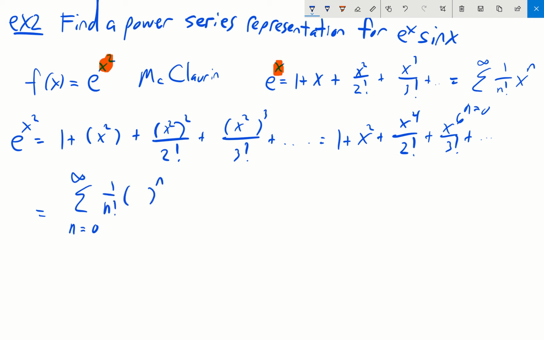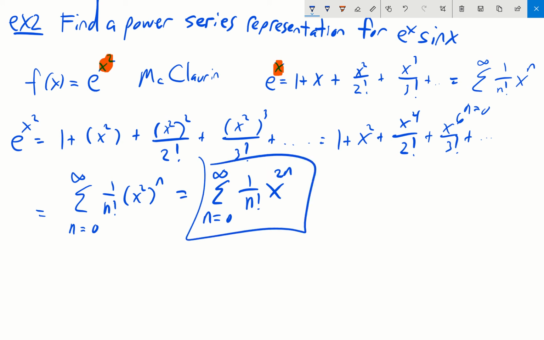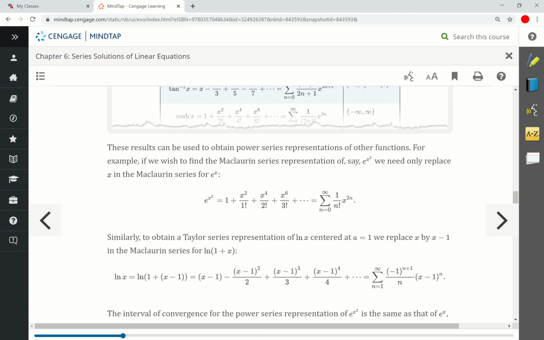Wherever we see an x, we can replace it with x squared, and therefore we find that the closed form summation notation for e to the x squared is going to be 1 divided by n factorial x to the 2n. So by just simply knowing the Maclaurin series for some of the basic functions, we can utilize them either via direct substitution, or sometimes we can get clever and integrate or differentiate in order to find the Maclaurin series of some new functions. Okay. So again, that list will provide us with a lot more information than what it might look like on the surface.